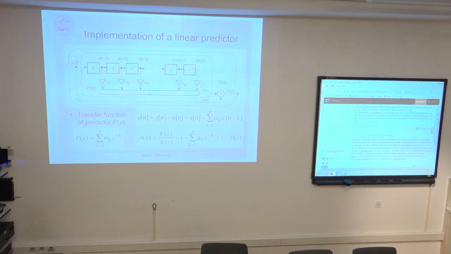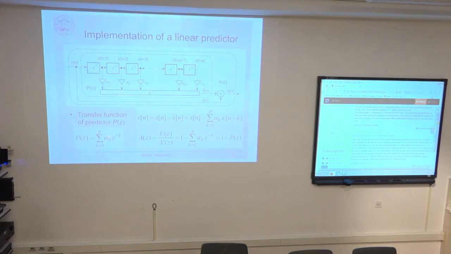So instead of directly quantizing X of n, I will do the prediction, subtract the prediction from the signal, get the prediction error or prediction residual, and this prediction residual would be quantized, sent to the decoder, and the final step that must be done on the decoder side is to have the inverse of such system to reconstruct the original X of n as close as possible from quantized prediction residual. So it is the basic concept of predictive coding.